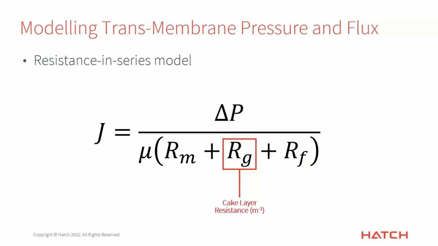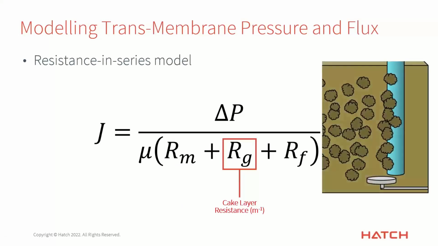The cake layer resistance is actually a two-step process to figure this out. As I was showing you earlier, basically we're going to calculate this resistance as a function of how much solids are on the membrane surface. And so, of course, this goes up and down as backwashing happens. Essentially what we do is we use a calculation to get from the total mass of the solids that are on the surface to a thickness.